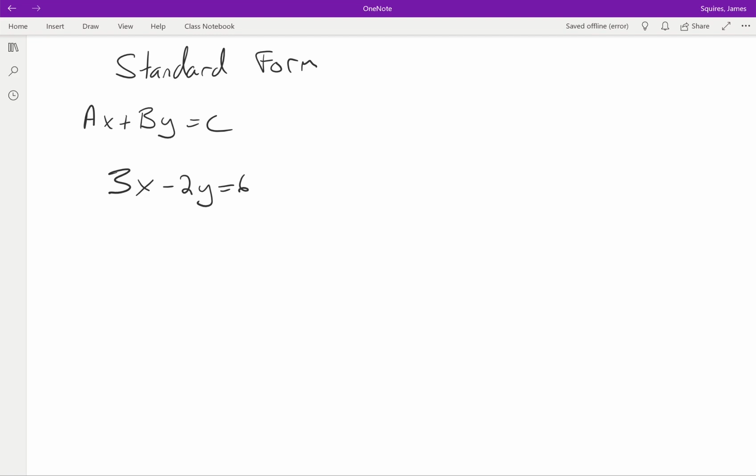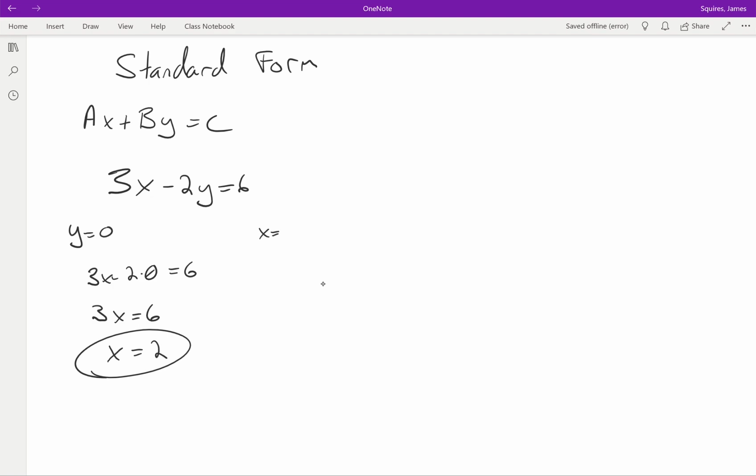So let's first assume when y equals 0, we are solving for the x-intercept. We would have 3x minus 2 times 0 equals 6, or 3x equals 6, or x equals 2. So that will be the x-intercept.